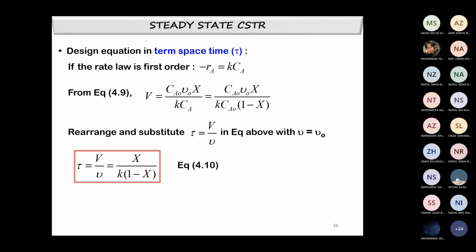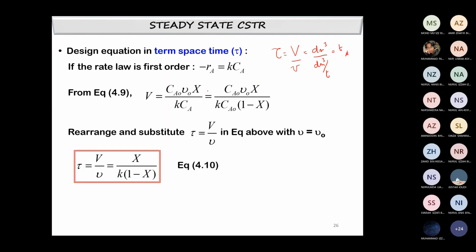Okay, so design equation in terms of tau. How do we get tau? Actually tau is equal to volume over the volumetric flow rate. Why? Volume is decimeter cube, and volumetric flow rate is decimeter cube over time. That's why you will have time here.